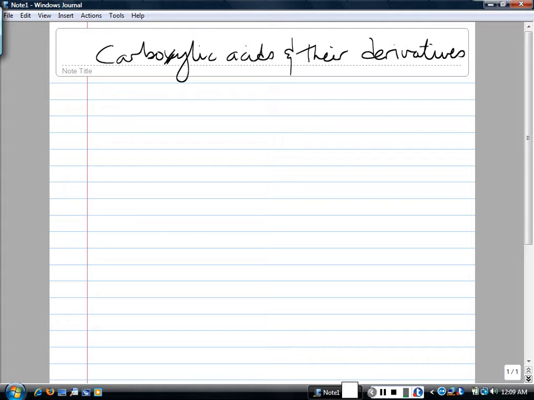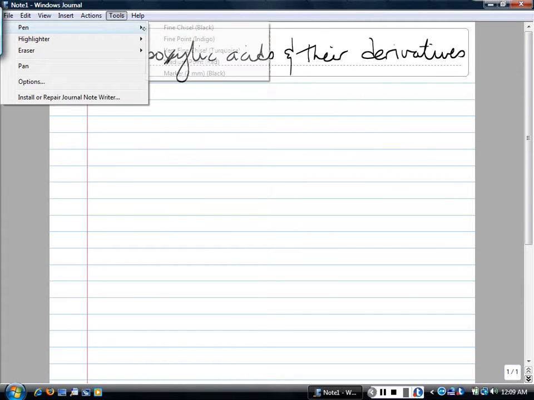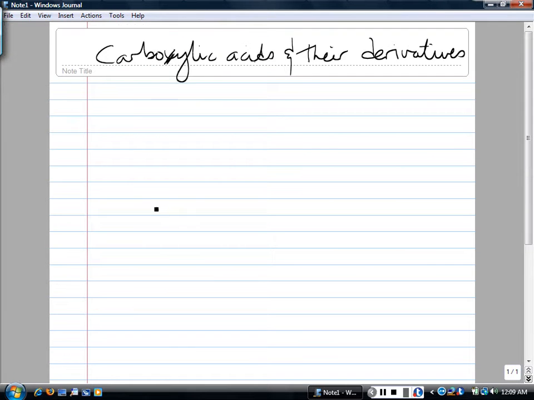Okay, so the carboxylic acids, of course, they are RC double bond OH.